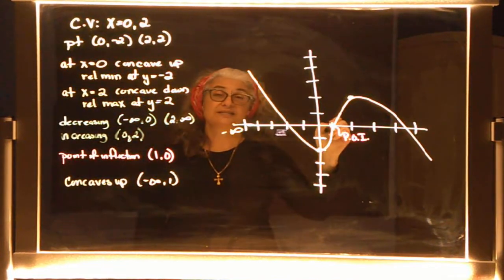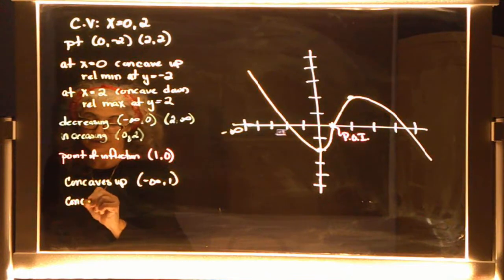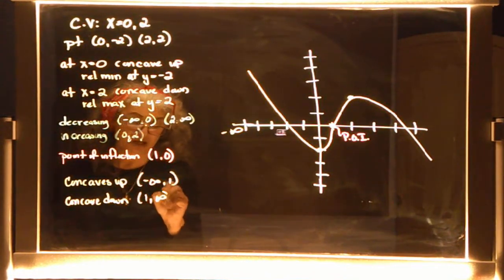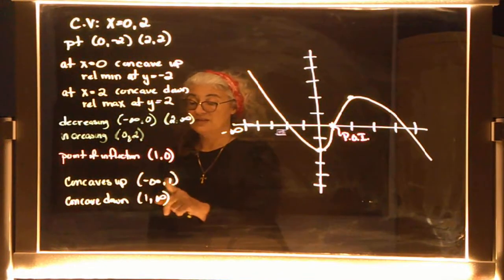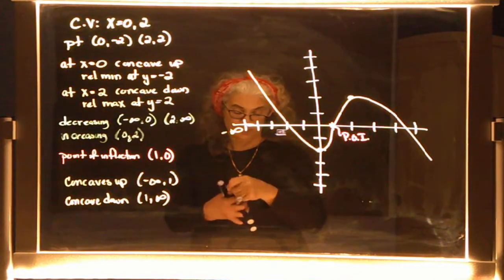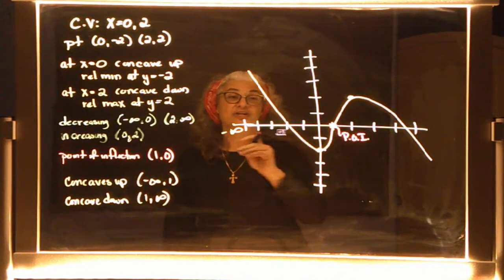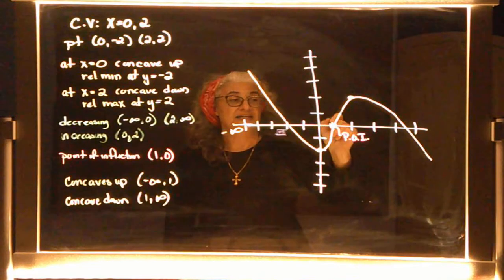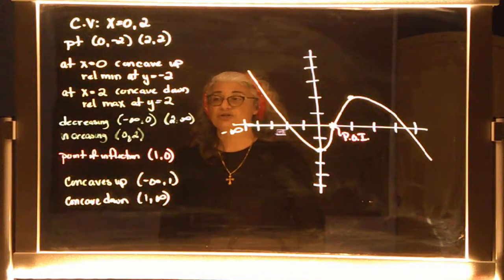Because as soon as it hits this 1, it starts concaving down. So, concave down actually at 1 to positive infinity. So the concavity is actually these two intervals. This is the point of inflection where the switch happens. The concave up and down switches right here. So negative infinity to 1 is concaving up. It hits this point, and that's where the concave down starts to occur.